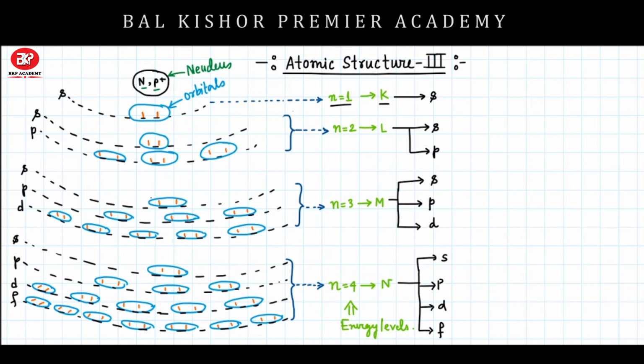So each orbital contains two energy states, and each energy state will contain one electron.